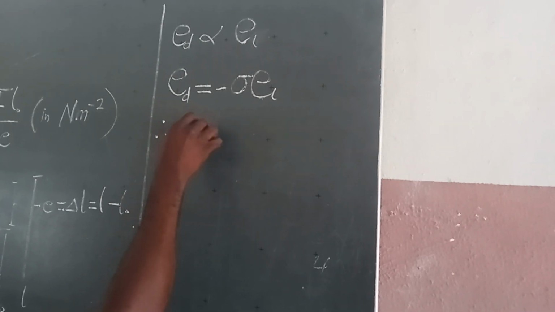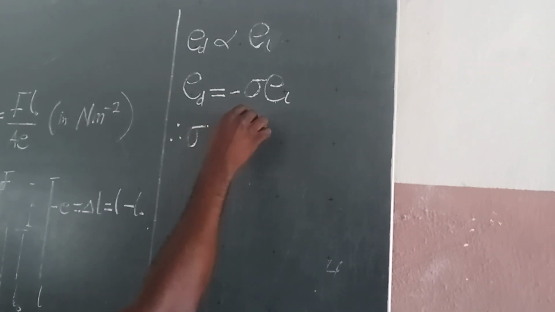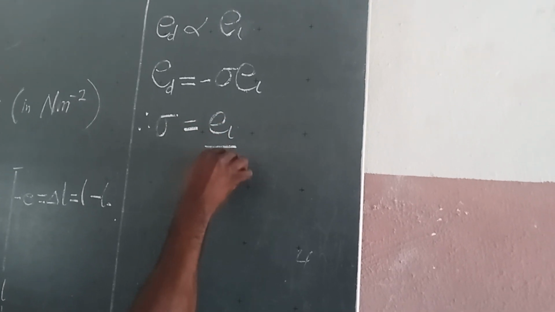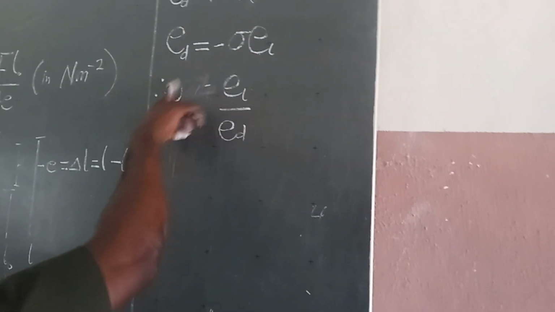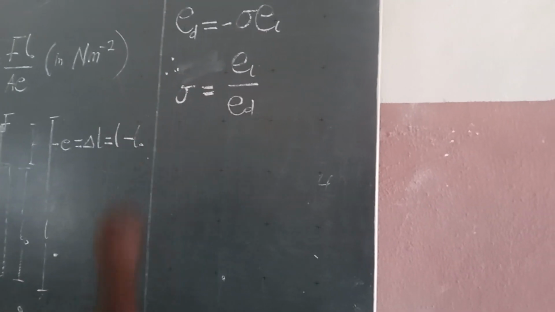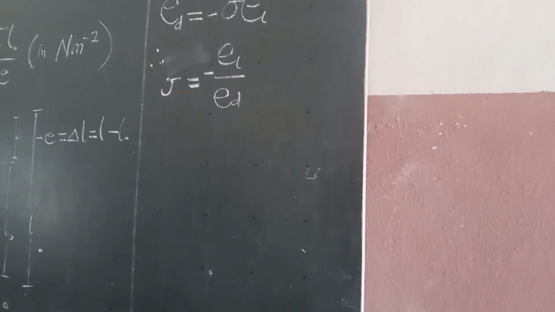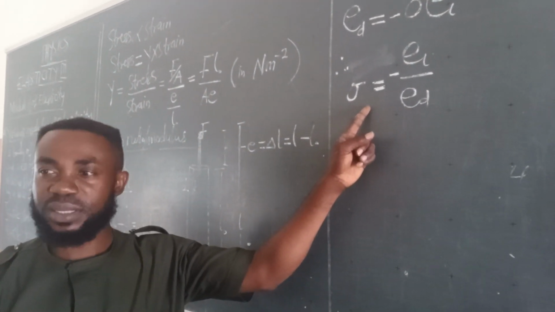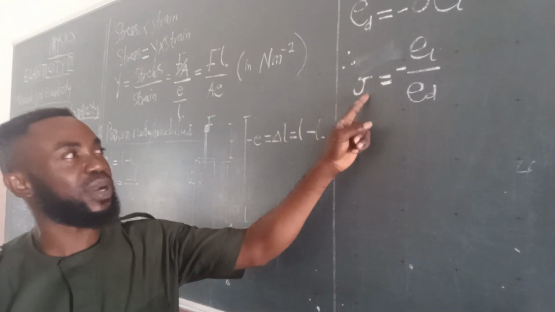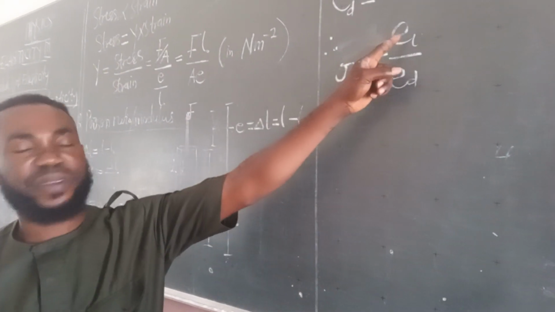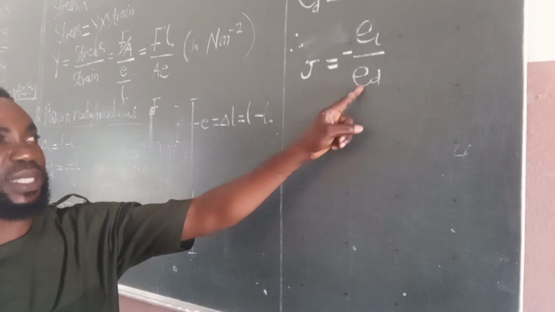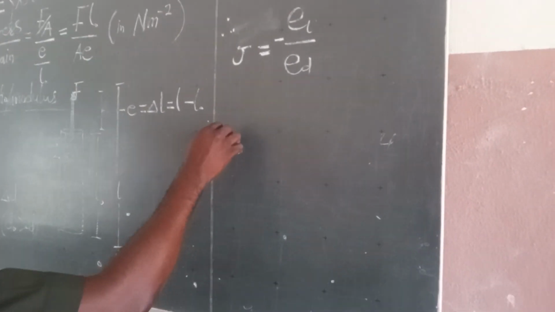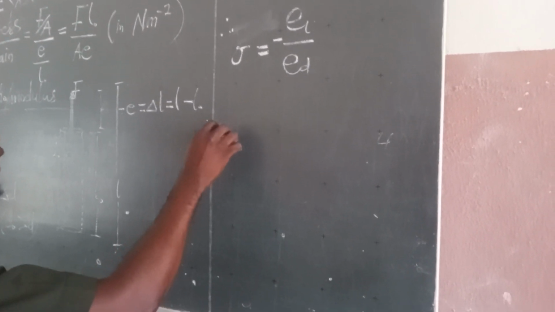Therefore, sigma is equal to the fractional change in length over the fractional change in width, where this sigma is a constant of proportionality called Poisson's ratio. Take note of that. So Poisson's ratio is a ratio of fractional change in length to fractional change in width of a material. And finally, we discuss the shear modulus.